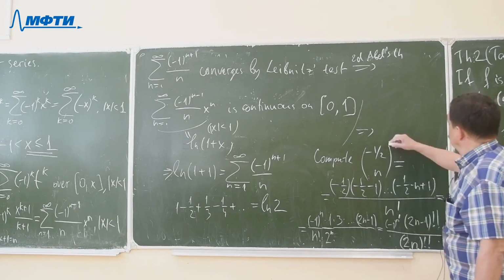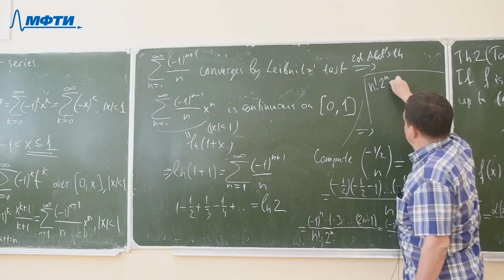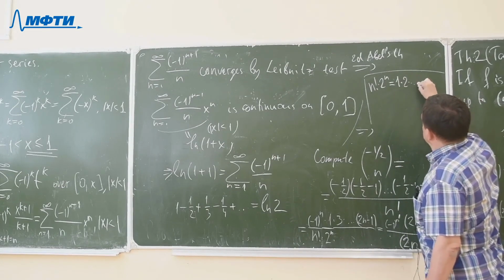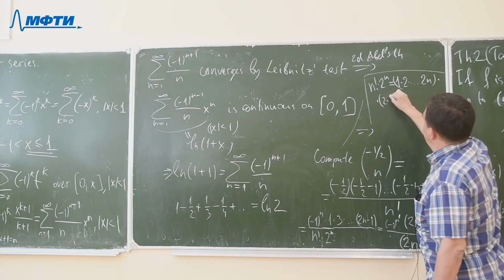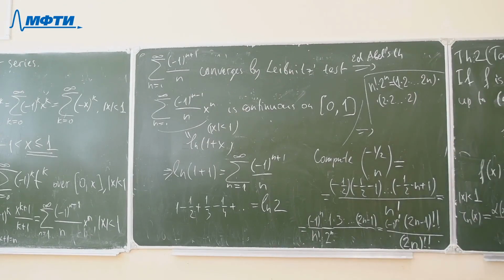Let me write it down here. 1 times 2, and so on up to n, times the same amount of multipliers equal to 2, each of them.